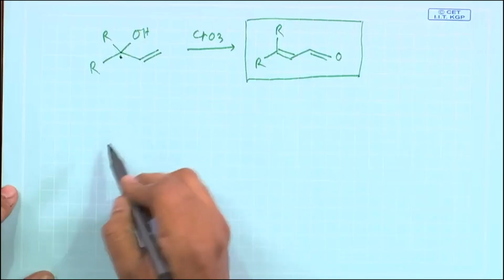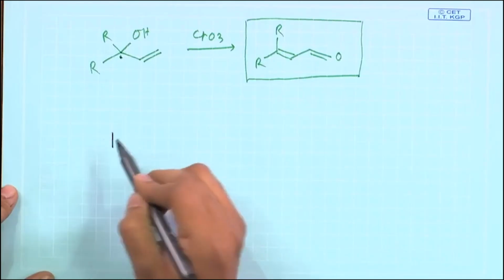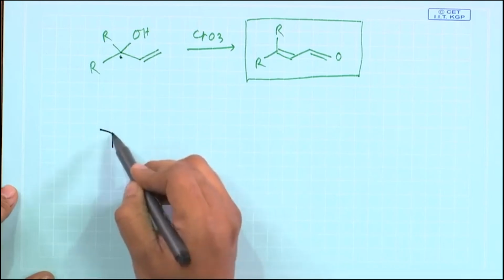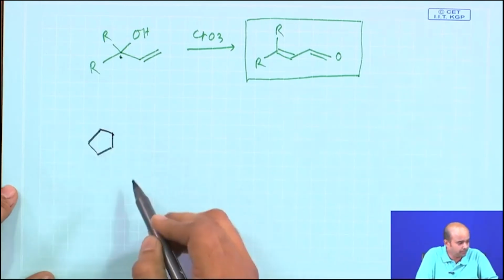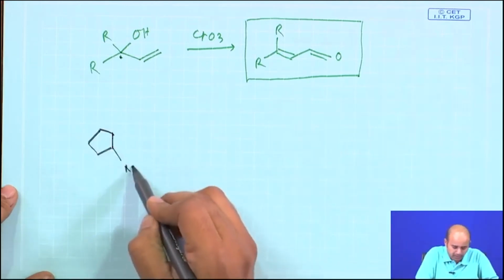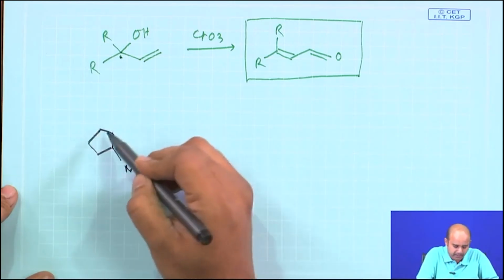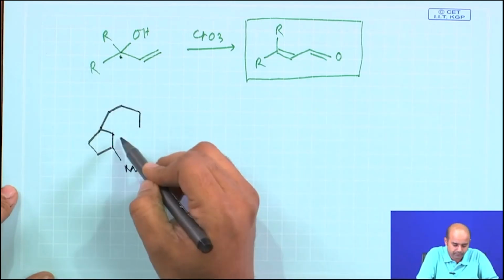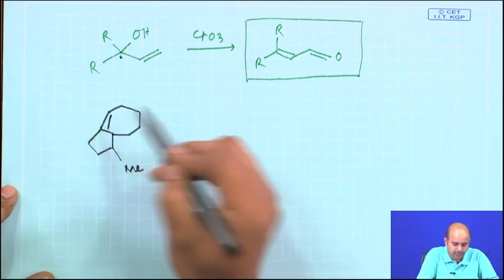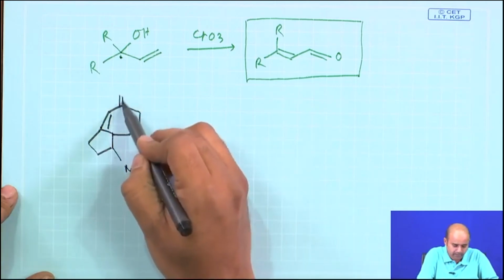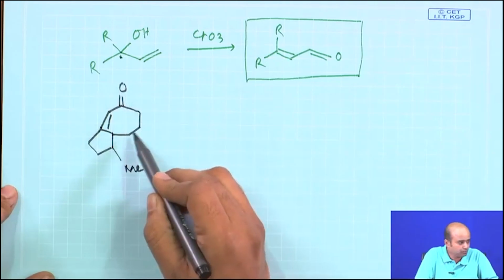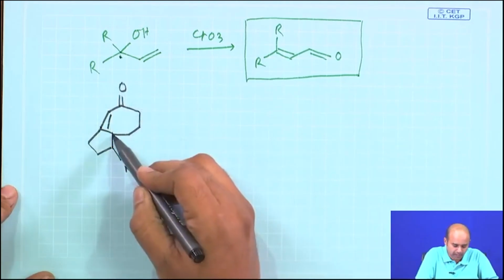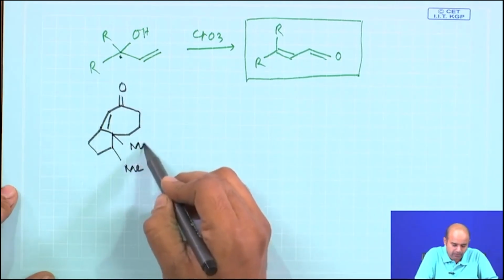Now, based on the same Babler oxidation, our next problem was framed. The structure is a little bit complicated: a 5 member cyclopentane ring, and then a 7 member ring, with CH2, CH2, CH3, and in addition a methyl group here.